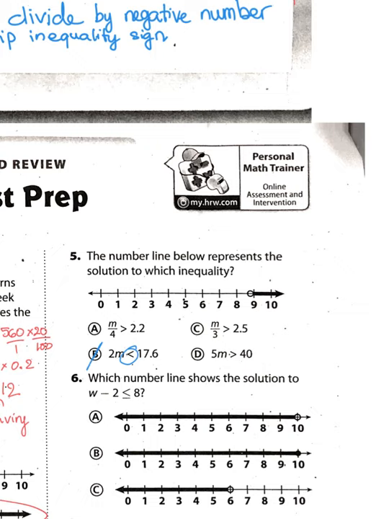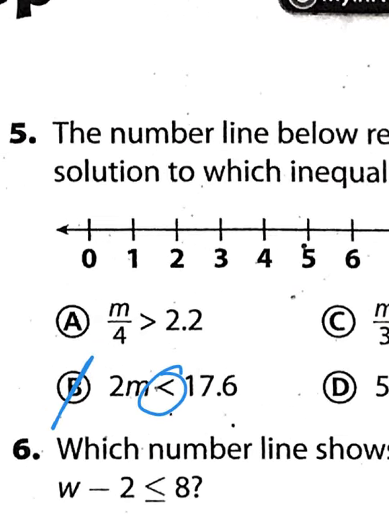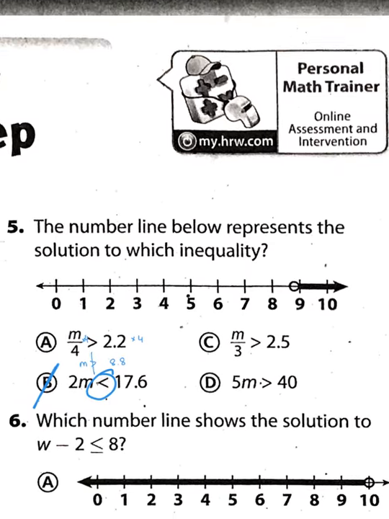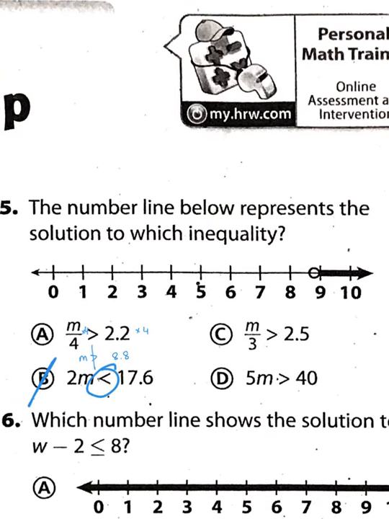So I multiply 4 on both sides. So m will be greater than 8.8. Sounds really good. Letter C, we multiply 3 on both sides. So m greater than 7.5. 7.5 should be right here. It's not going to be good. This one, divide 5 on both sides because it's 5 times m. So m greater than 8. A is more accurate.